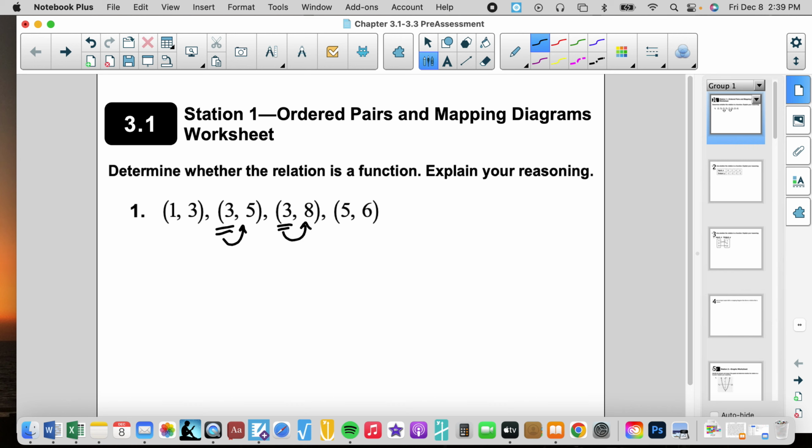And that is not consistent. That is not unique. That is not one unique output. That is multiple outputs. So if it produces different outputs each time you input the same input, that would not be a function, because you have 2 different outputs for one input.